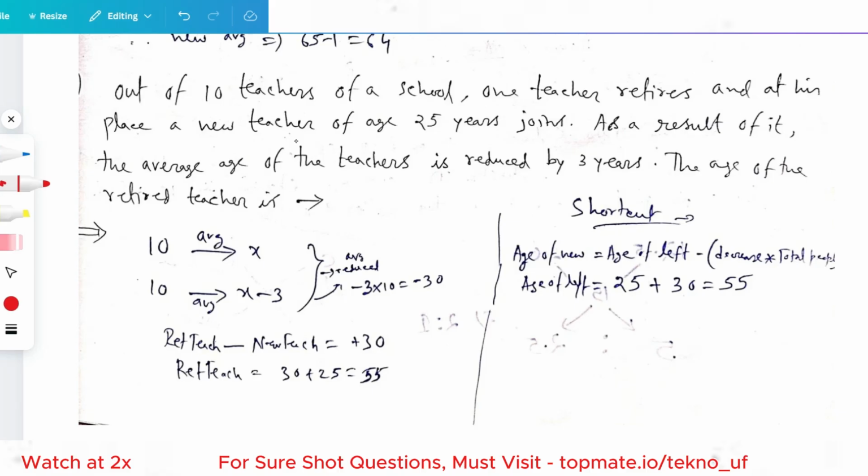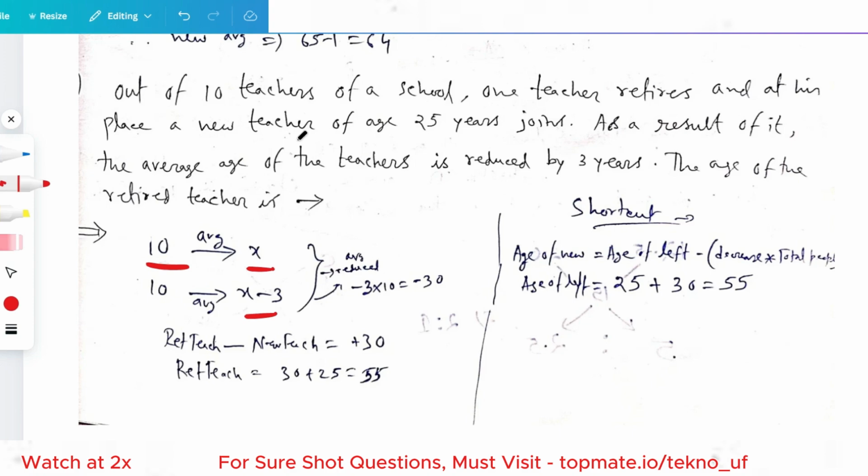Basically, out of 10 teachers, let's say the average is x. If a teacher is replaced and the average reduces by 3 years, the new average is x minus 3.